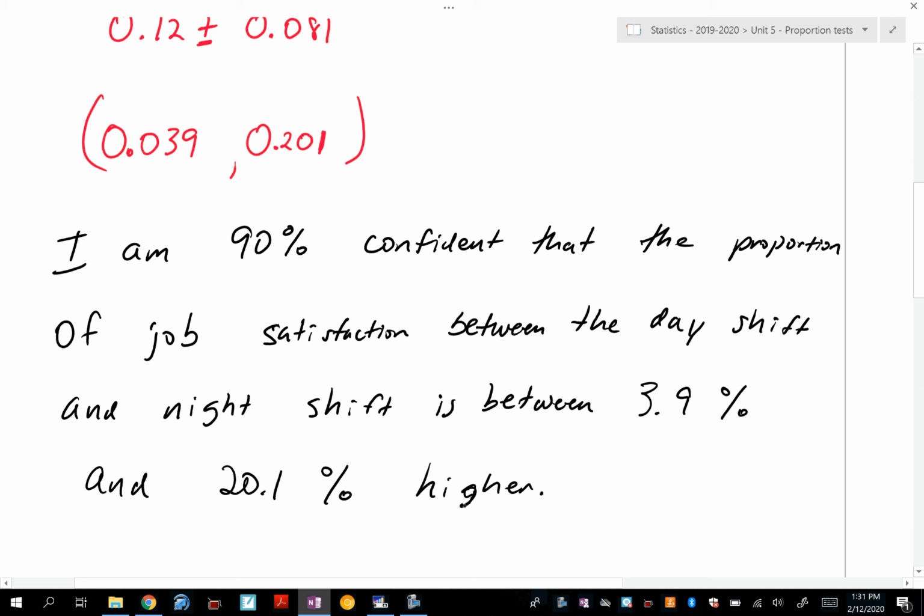So if you're looking at this data, I'll let you guys kind of write that down.